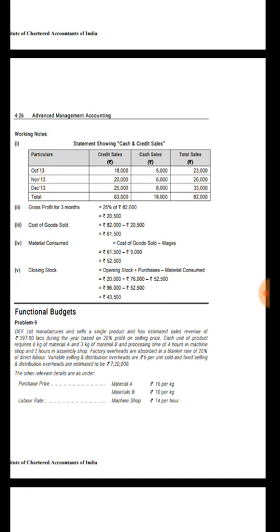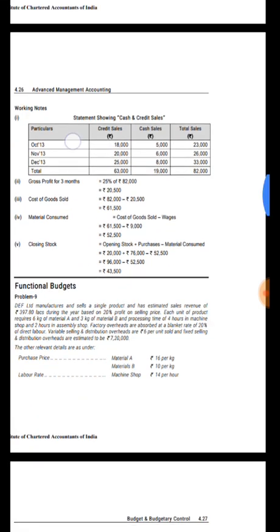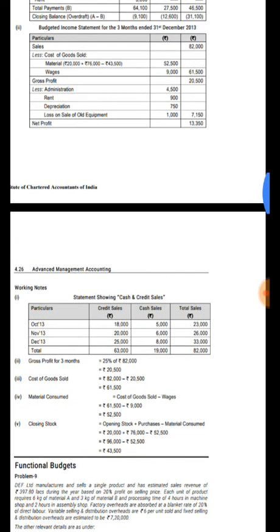So closing stock is 43,500. So you can do material in this way also, opening plus purchases minus closing gives material consumed, or you can take from here directly material consumed, 52,500.